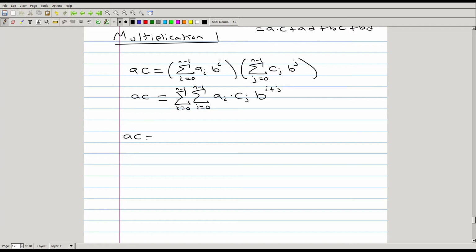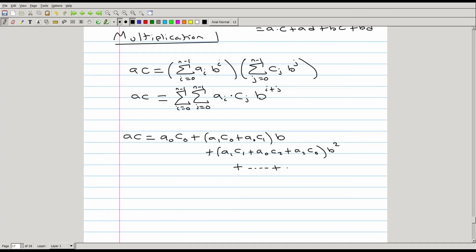Or written out term-wise, this will be a naught times c naught plus a1 c naught plus a naught c1 times b to the 1 plus a1 times c1 plus a naught times c2 plus a2 times c naught times b squared, all the way up to and including the final term, which is going to be when I equals n minus 1 and j equals n minus 1.